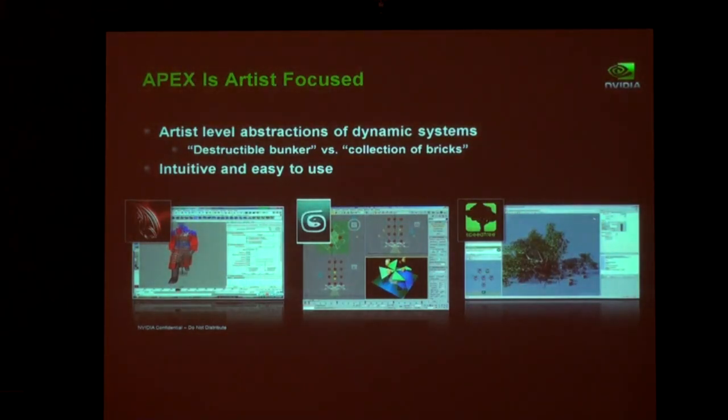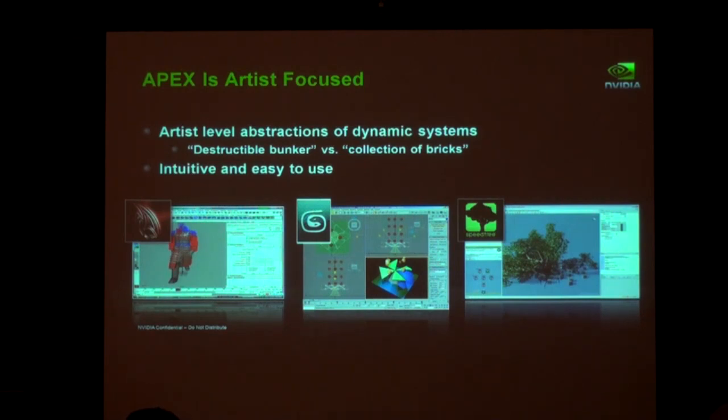So again, what you want to provide is the mechanism. Where a programmer might look at physics as small pieces of rigid bodies working together, for example, a collection of bricks, for artists you actually want to think top down and say, oh, I want to put a destructible bunker here. The artist takes his level editor or his DCC tool, brings in his art assets, marks it and says, oh, this is destructible. Then throws in maybe a tree or two through the SpeedTree solution.